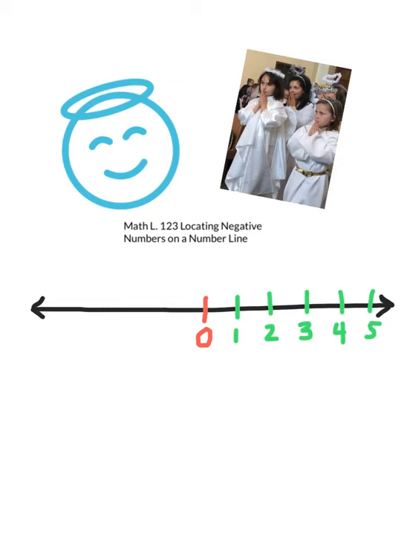These numbers to the right of the 0 have a special name. They're called positive numbers. And they are the numbers that we say when we count: 1, 2, 3, 4, 5, and so on.